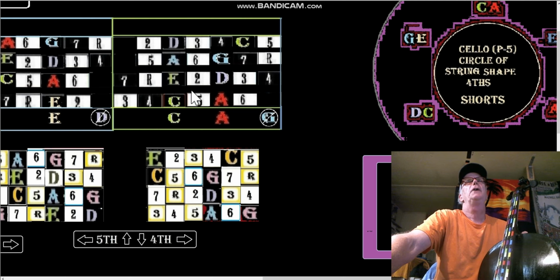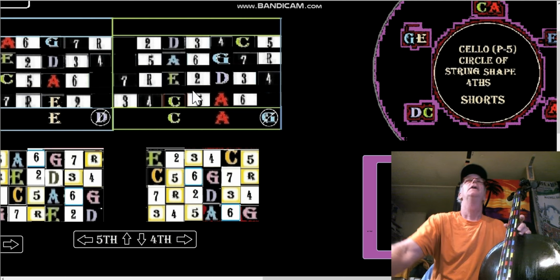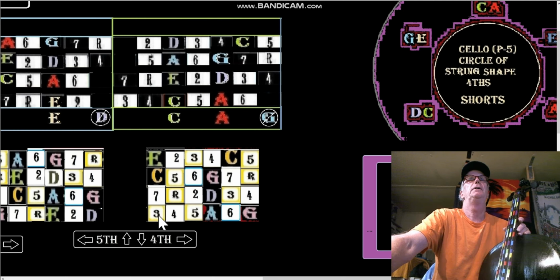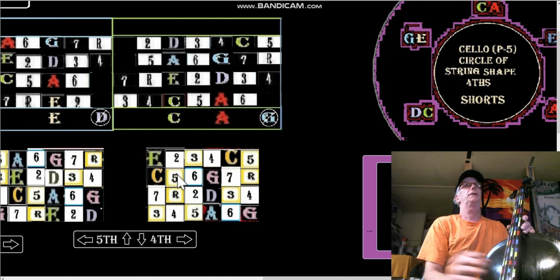Now you can play them as chords. If we look here, 3, root, 5, 3. Okay, it's in yellow here. Hello, yellow. We can do 5, root, 3, root, 5 right there.